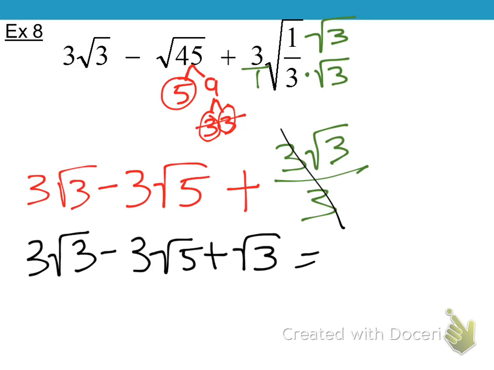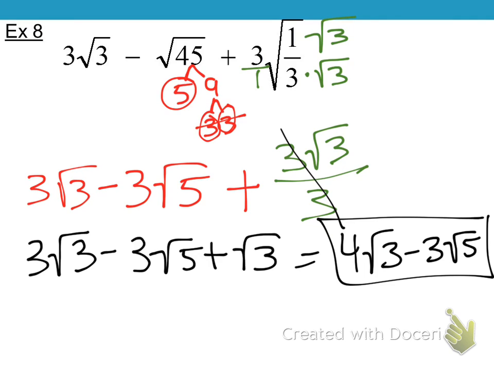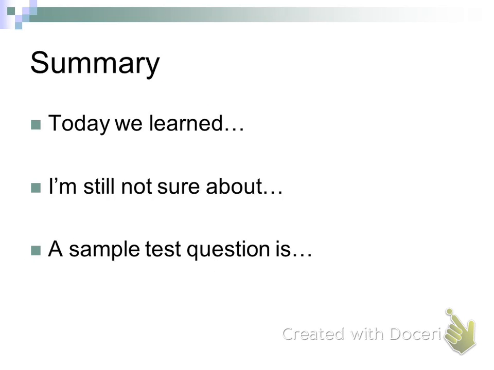So it'd be 4 square root 3 minus 3 square root 5. Yep. Dang, that was easy. Wait, will you have a square root inside a square root? Probably. I mean, you can. That's not something you see often.